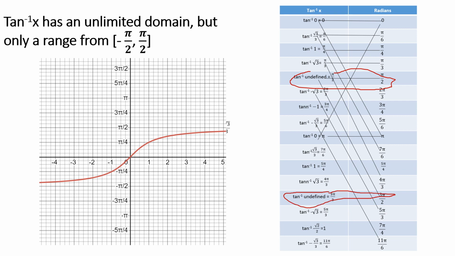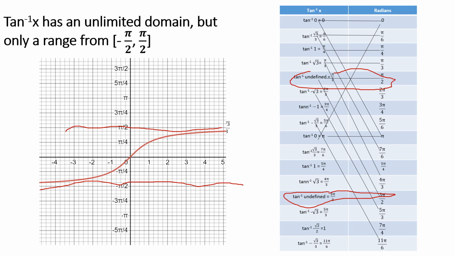So where it's undefined, and that is where the x can equal 0. So basically, it cannot exist beyond pi over 2 and negative pi over 2. And that is because it is at 90 degrees, which has a cosine of 0, and 3 pi over 2 also has a cosine of 0.